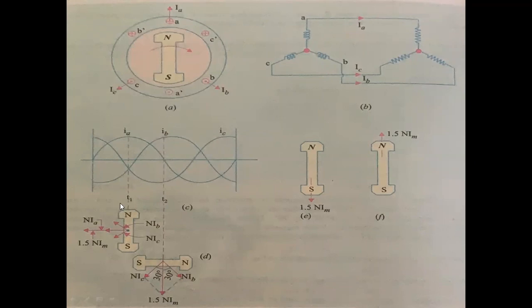So at instant T1, IA will be flowing into the conductor, whereas IB and IC will be flowing outwards from the conductor.